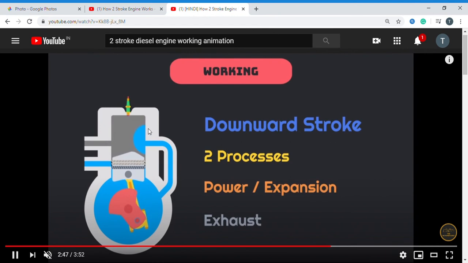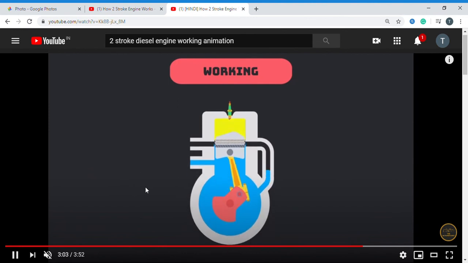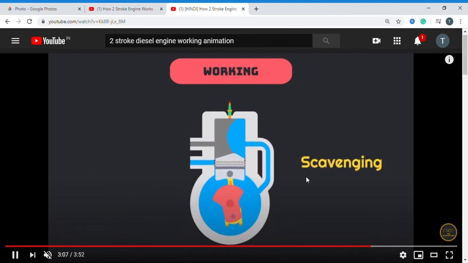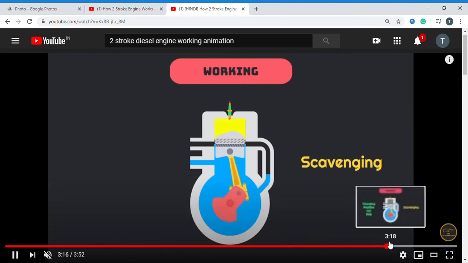Again this air is entering into the cylinder. So exhaust gas is released here, and air is entering here. So two working processes take place, that is combustion or power stroke or expansion, and the exhaust process. Two working processes take place when the piston moves from the TDC to BDC. See here, you can observe. This is scavenging. Don't worry about this concept. You don't have it in the syllabus.